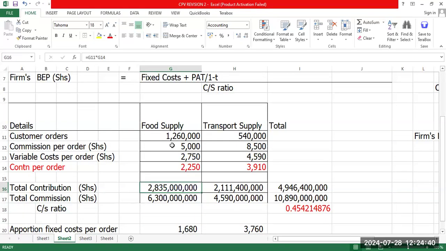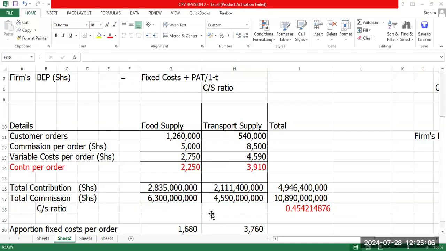We get the total for one category. This one plus this one, get total contribution. This one plus this one, get total sales. Here we are getting total commission. Then you will rely on these totals to get the contribution to sales ratio.